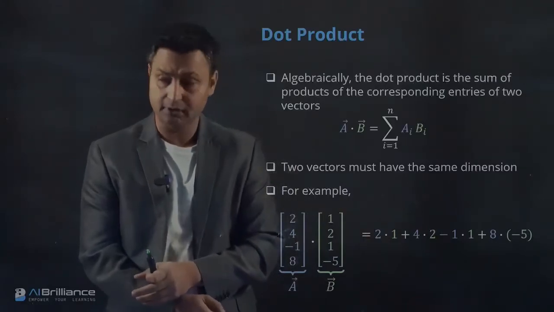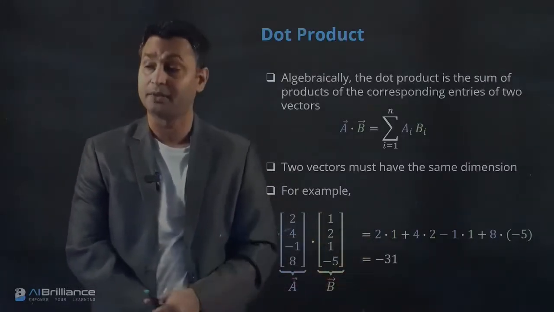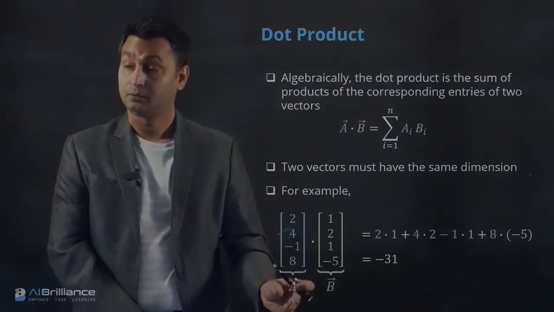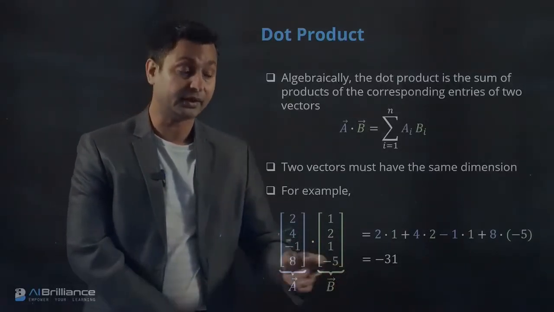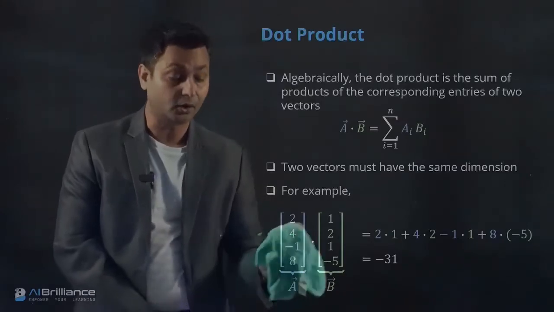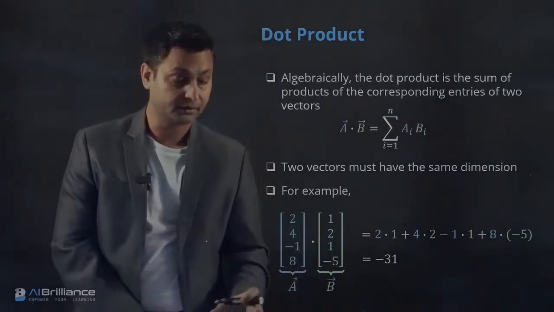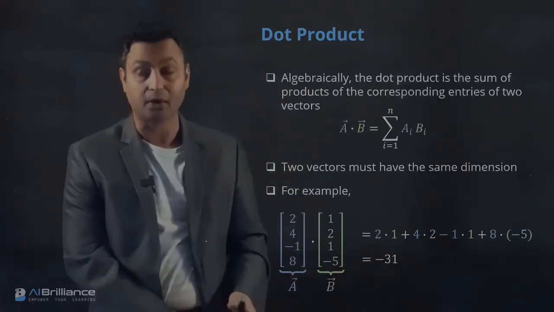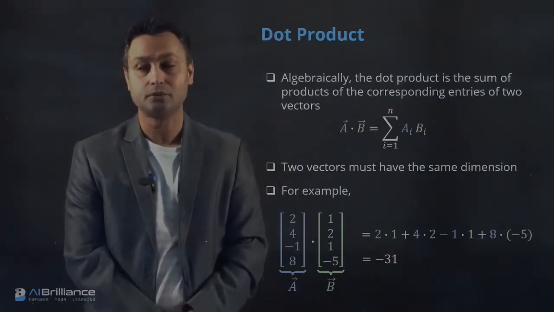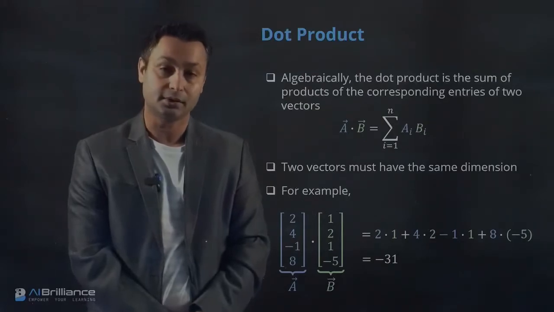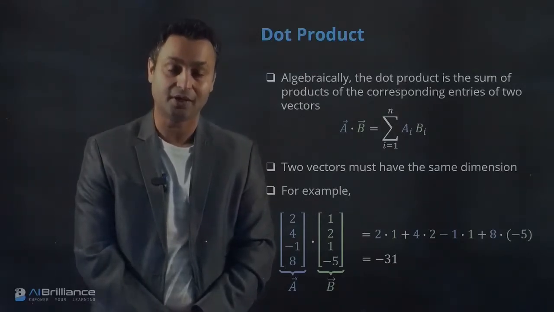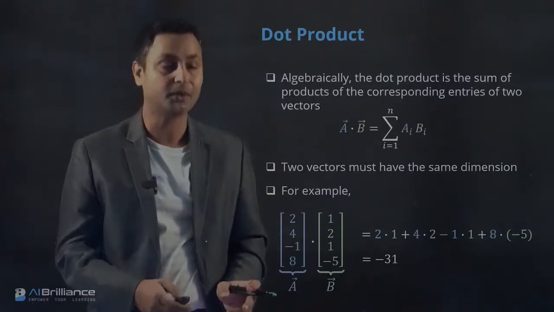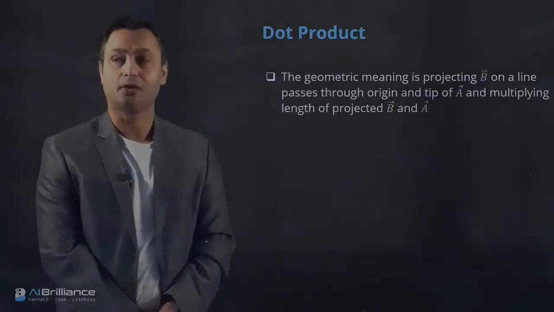That's what is being done here, and this turns out to be minus 31, which is the dot product of vectors A and B. The first thing I want you to notice is that the dot product of two vectors only gives you a magnitude, and there is no direction associated with this product. The dot product of two vectors results in a scalar, a single value which has no sense of direction, and that is something you may want to note.